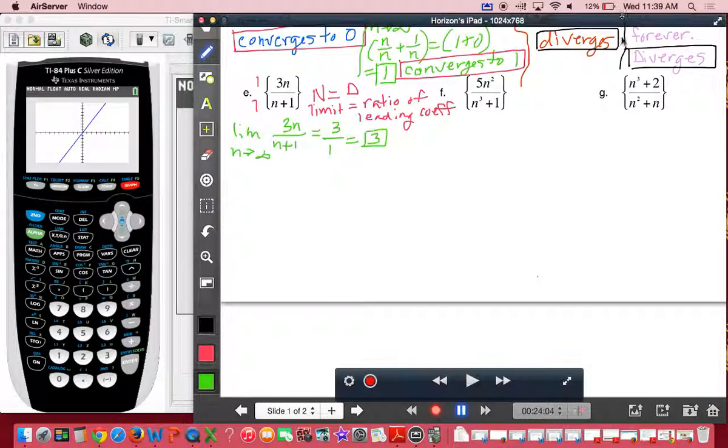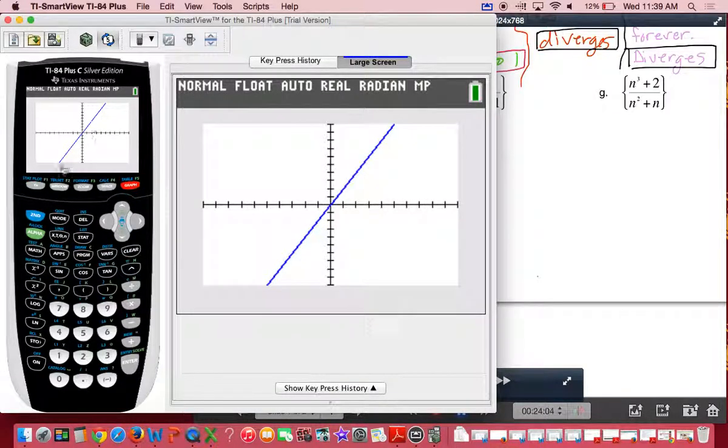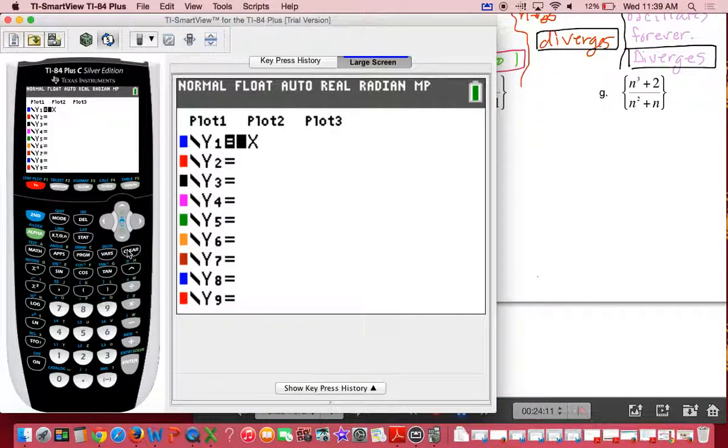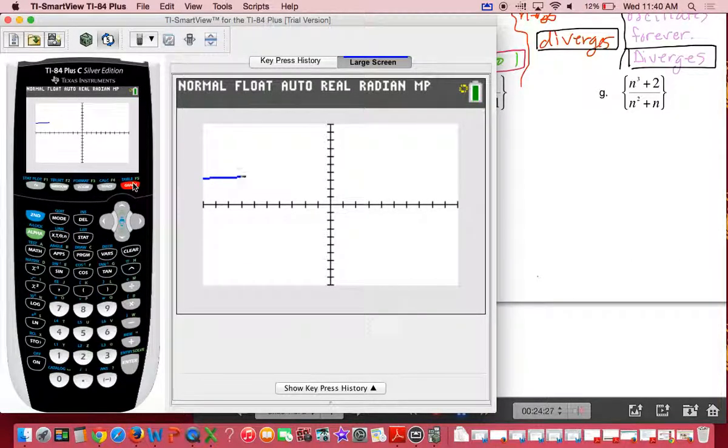Look at the graph. Go over here, clear it out, and we're going to put in 3x divided by parentheses x plus 1 end parentheses, and then hit graph. So you should see a horizontal asymptote right here going through y equals 3, correct?